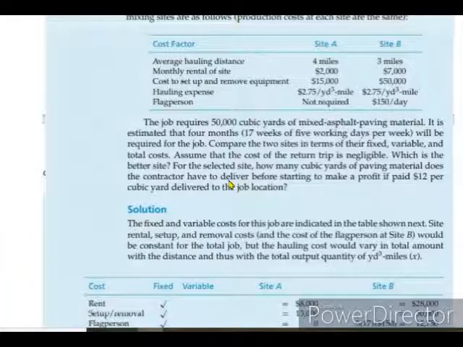Okay, so we will just compute for the one-way trip and not the return trip. So, which is the better site? For the selected site, how many cubic yards of paving material does the contractor have to deliver before starting to make a profit, if paid $12,000 per cubic yard delivered to the job's location? So, we will decide on that.